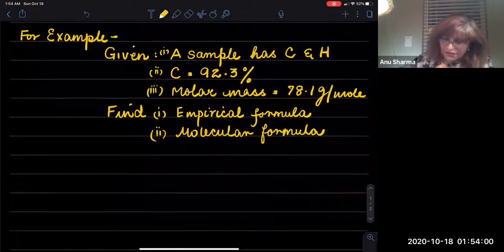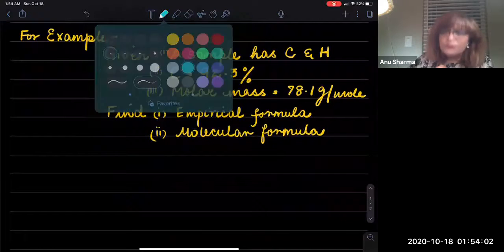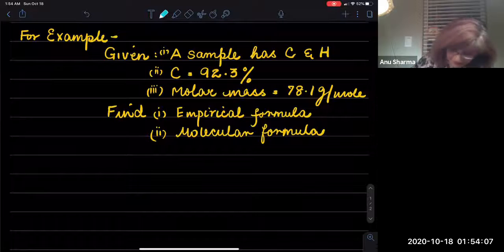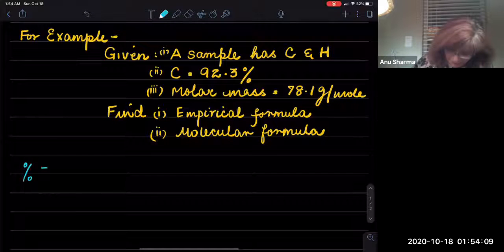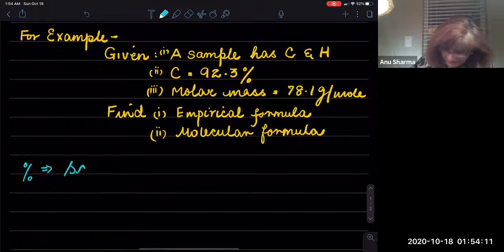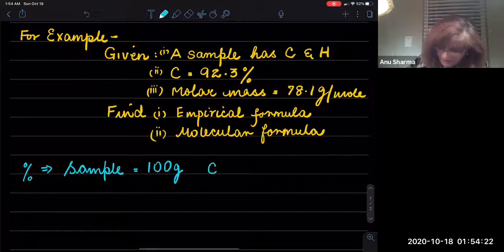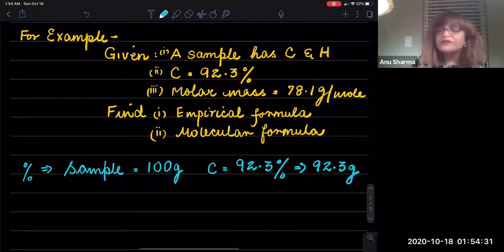First of all, here is the situation. You know that it's a percentage. Anytime a percentage is given to you, that means the whole sample is equal to 100 grams. In that 100-gram sample, carbon is 92.3%, which means that carbon is 92.3 grams.